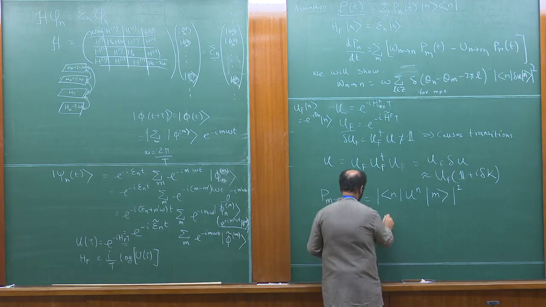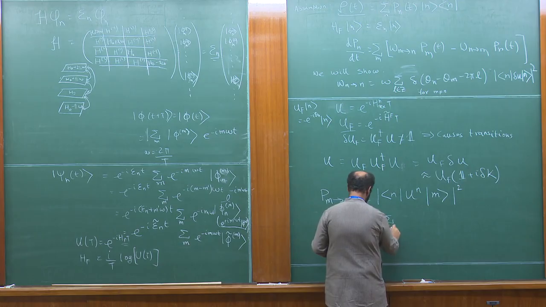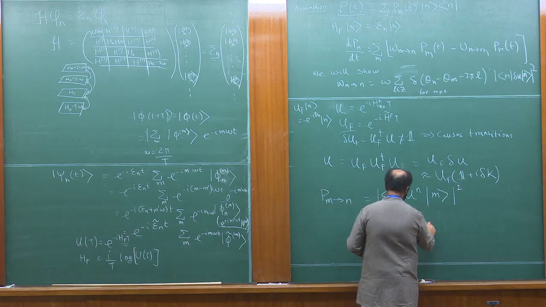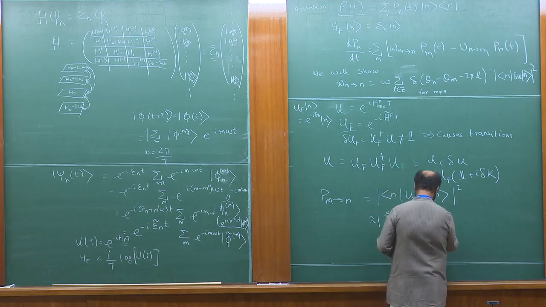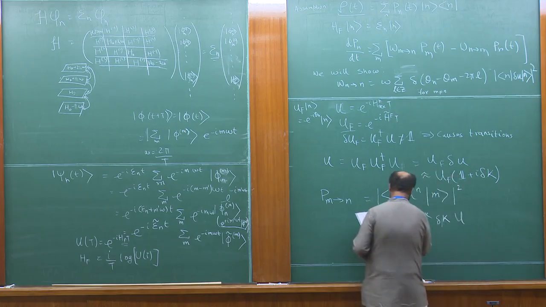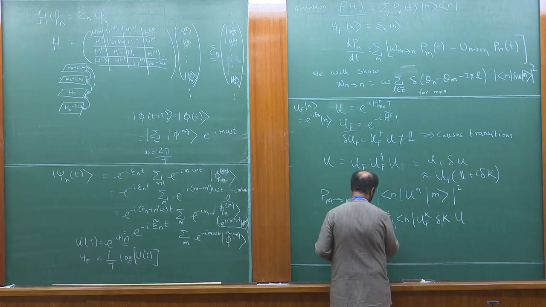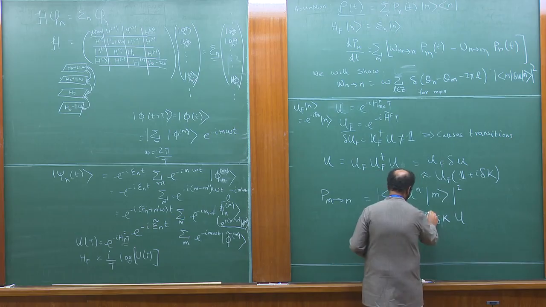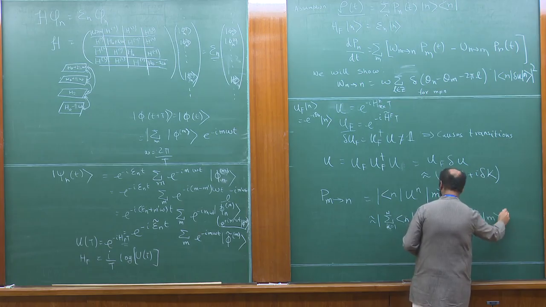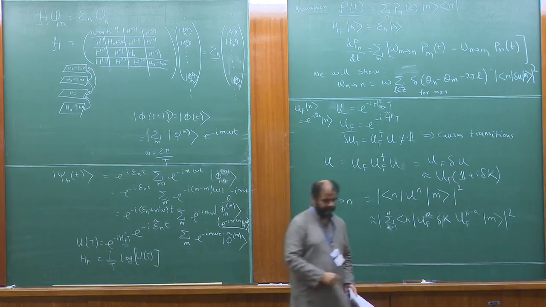This I can approximate as the sum over a equals 1 to N of UF to the power a delta K UF to the power N minus a, modulus squared. Okay.